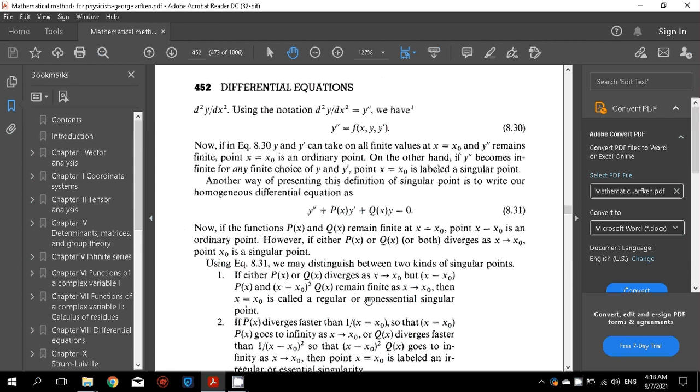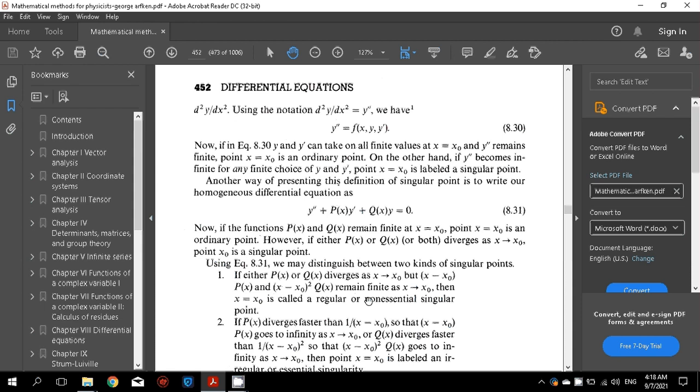So we will use the infinite series of the function y, and that's why we have a point of expansion. This point of expansion is either a regular point or a singular point.